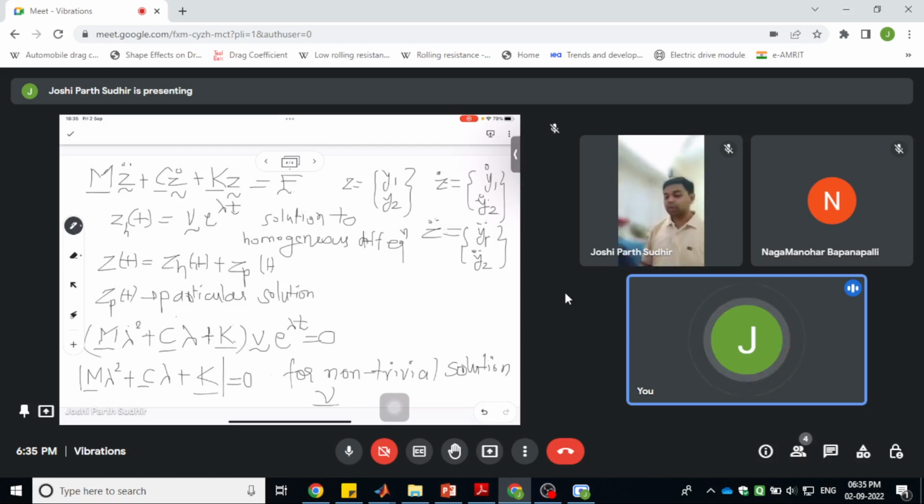So for V to be a non-trivial solution, we need the determinant of m lambda square plus c lambda plus k to be equal to 0.